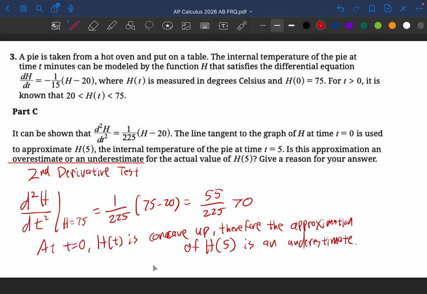And we know that it's concave up because when we plugged in 75 for the second derivative, we got a number that's greater than 0. What the actual number is isn't as important as the fact that it was greater than 0.